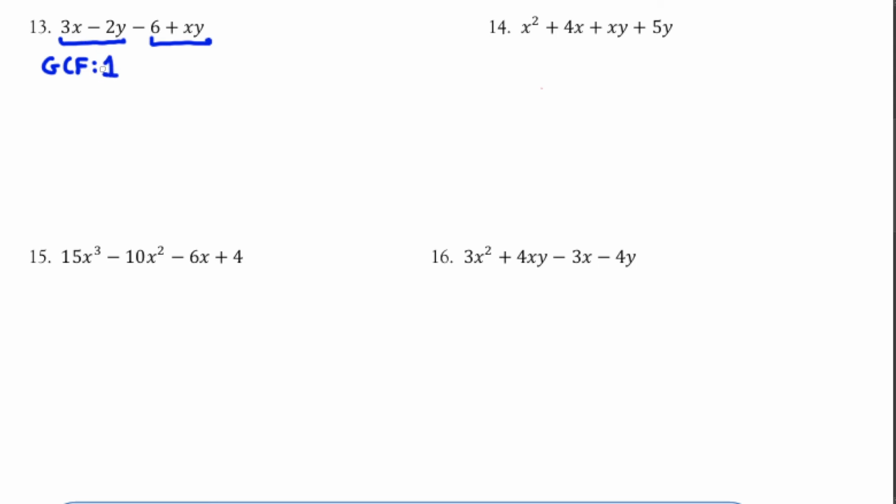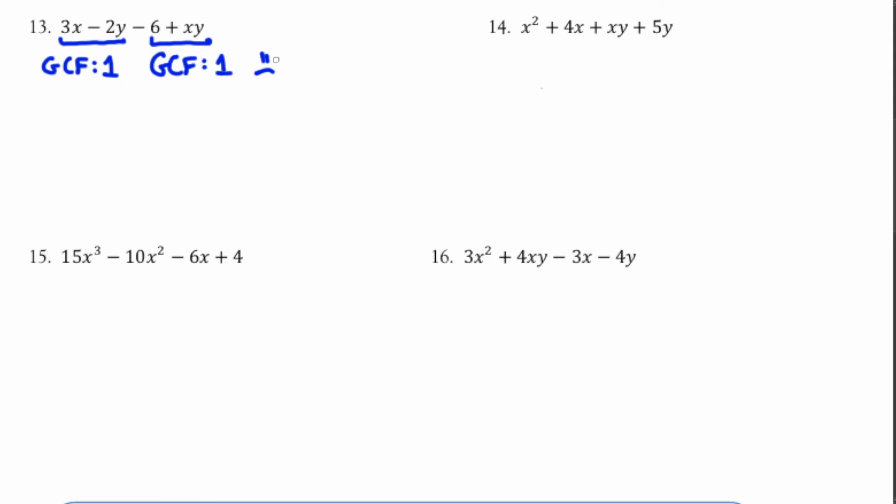These terms have nothing in common. Wait, the second one, they also have nothing in common. If this happens, it means factoring by grouping is not going to be very useful.